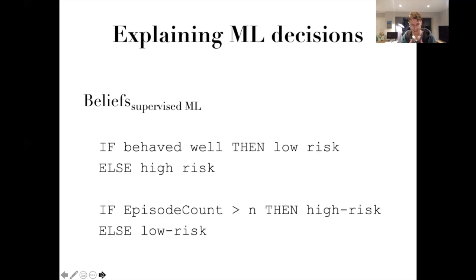Now, as it happens, I think you can understand many so-called post hoc explanation methods in the machine learning community in roughly this way. Again, I don't have time to go into them, but there are various techniques that you may be familiar with.